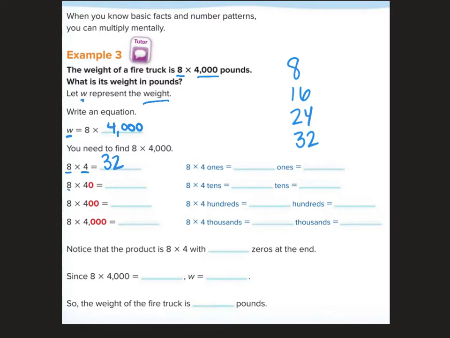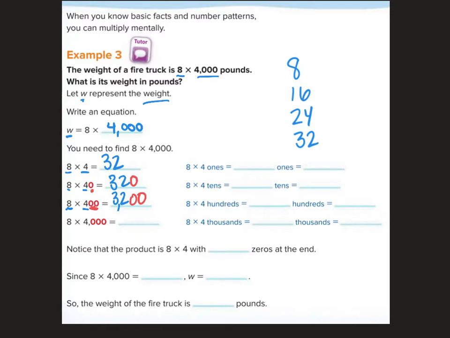So if I start with 8 times 4, I get 32. With a 0, 8 times 40 is 320. 8 times 4 again is 32 with 2 zeros. So 8 times 400 is 3,200.